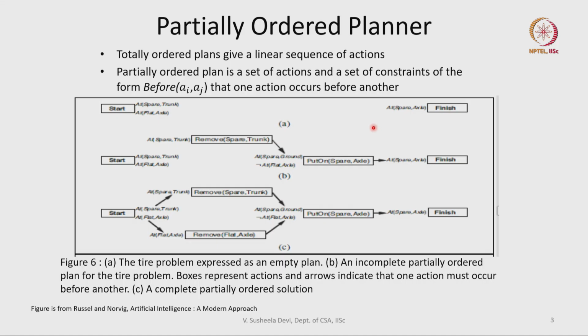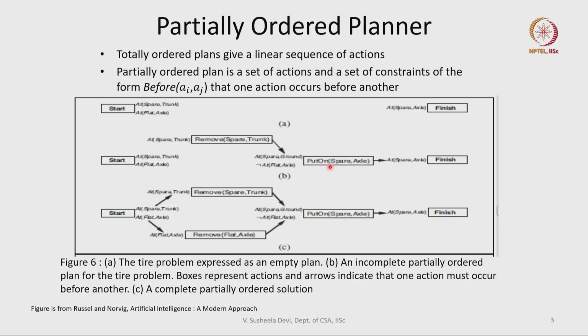So what we need to basically do is, if you look at the finished state, it has a precondition here. So you got to see how this precondition can be met. When it says at spare axle, what is the action such that you will get the effect as at spare axle, right? So it goes through all the possible operators.